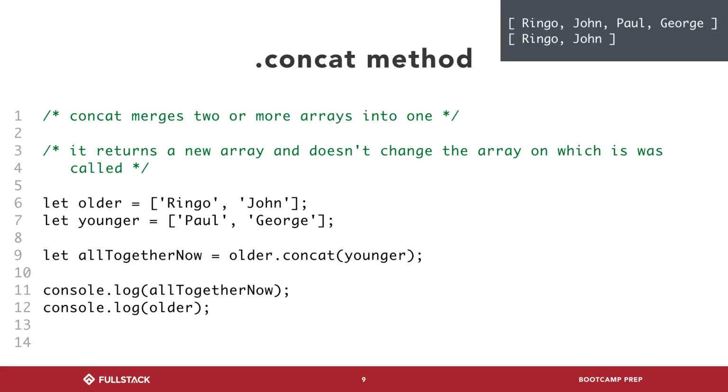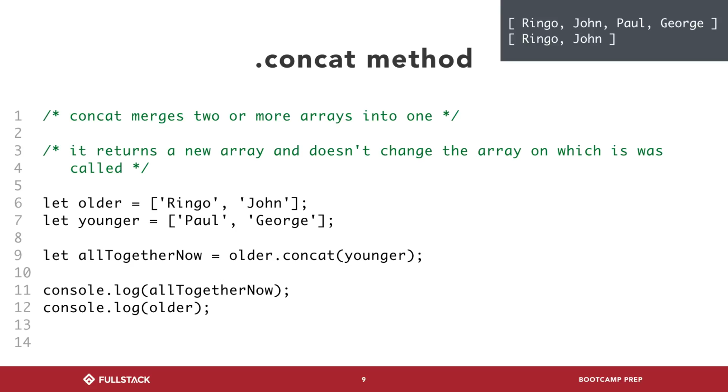So in this case, Ringo and John are older, and then we're concatenating younger Paul and George to it. But I guess I'm kind of mischaracterizing it, because we're not shoving onto the end of the original array. We're actually creating a new array, right? That just looks like the old array plus a new array shoved onto it.